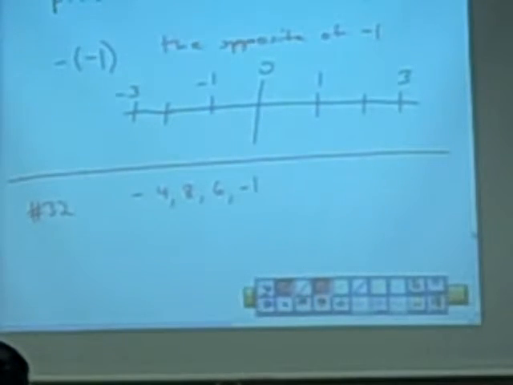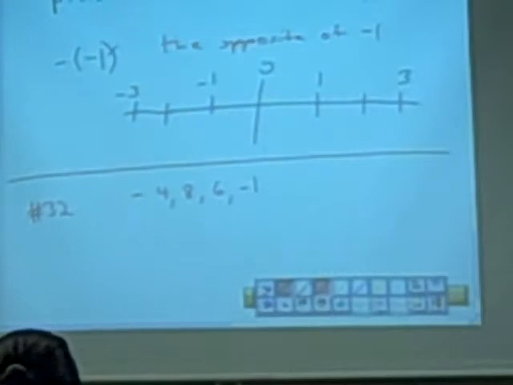Yeah, because you want to write it down in words. They're not looking for just the answer; we want to see that you understand that it's not just positive 1, it's the opposite of a negative 1.